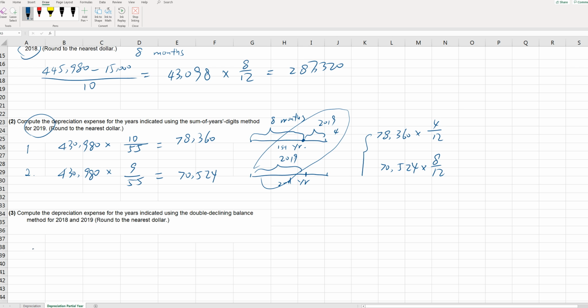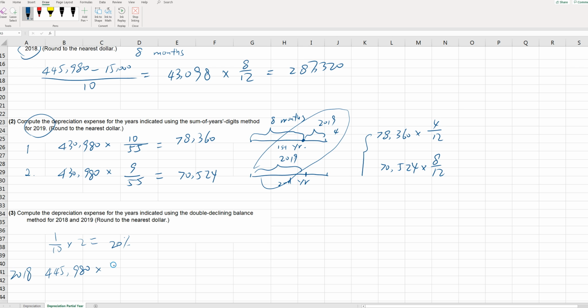Alright, so for DDB we're going to start with the depreciation rate. If we follow a straight line, that's going to be 1 over 10 or 10%, but we're going to double it, so our depreciation rate is going to be 20%. We're going to start with the book value, or the cost. This is 2018.